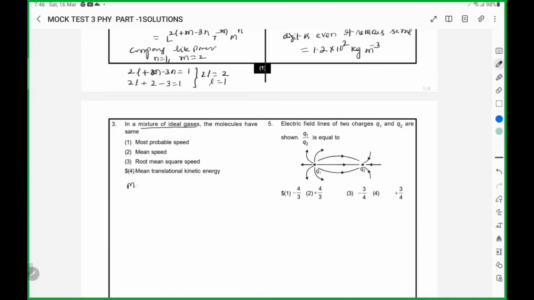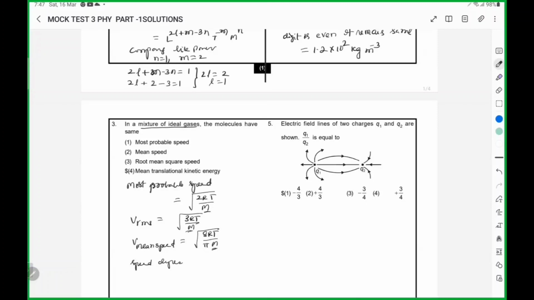So here the most probable speed is root 2RT by M. V RMS, the root mean square speed, is root 3RT by M. And the mean speed is equal to root 8RT by pi M. These M are all molecular weights.